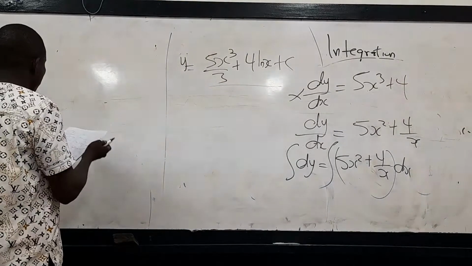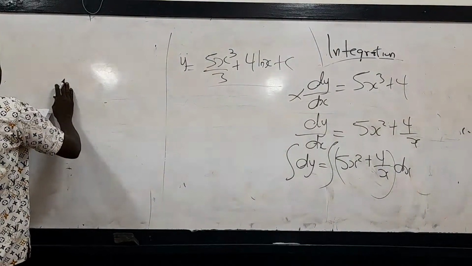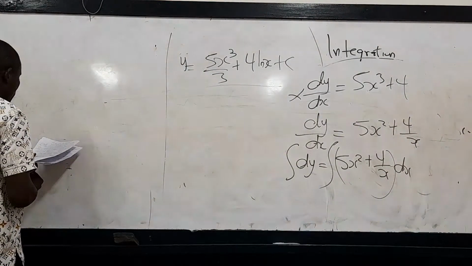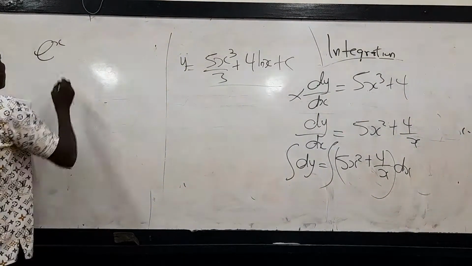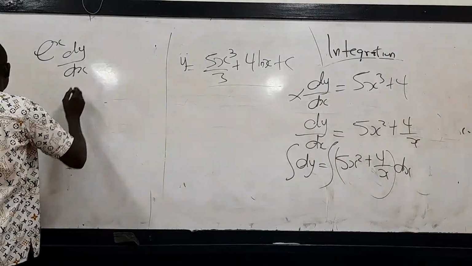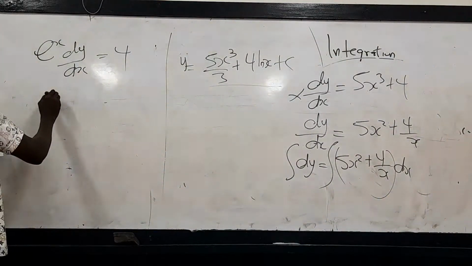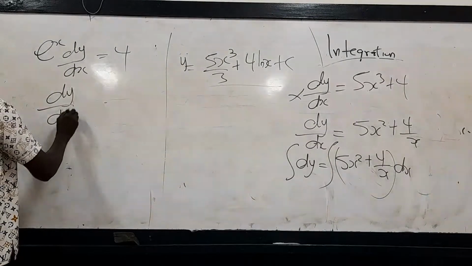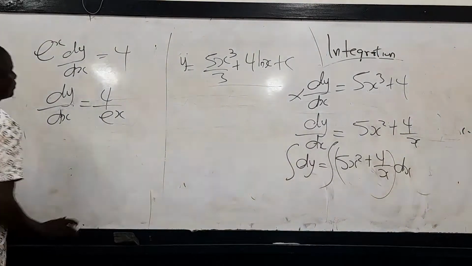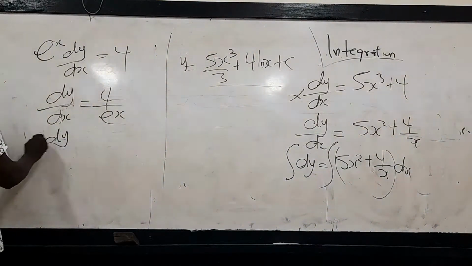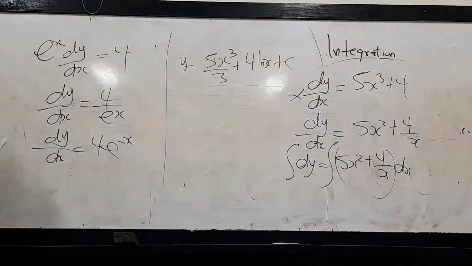Let's see another example. If I have dy/dx is equal to 4 over e to the power x, so dy/dx is equal to 4e to the negative x, right?